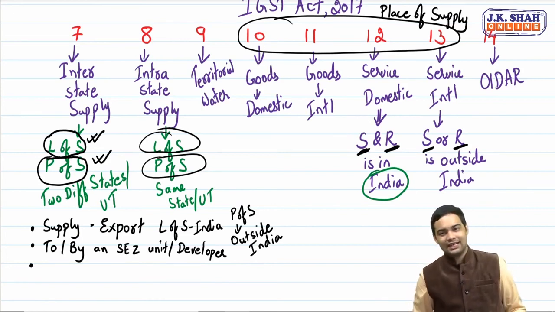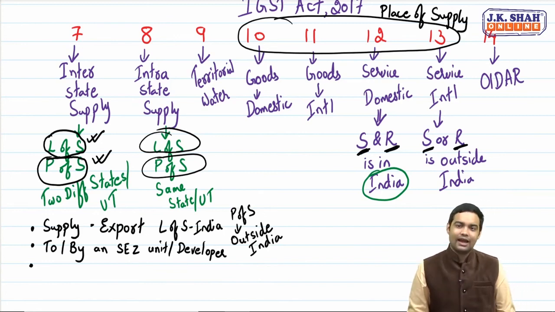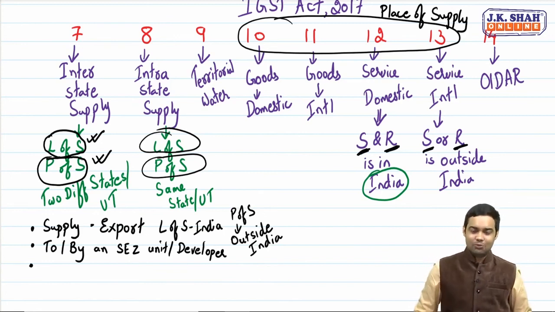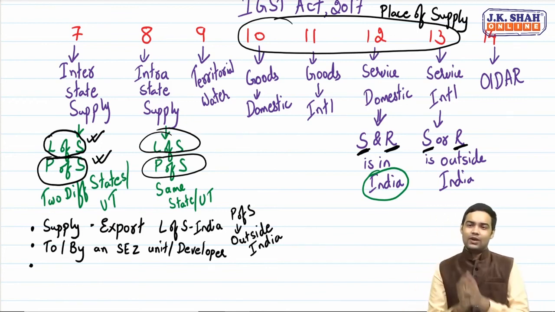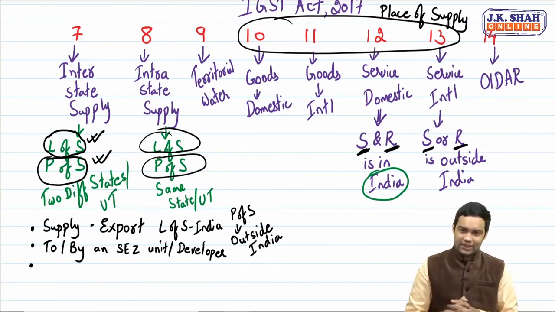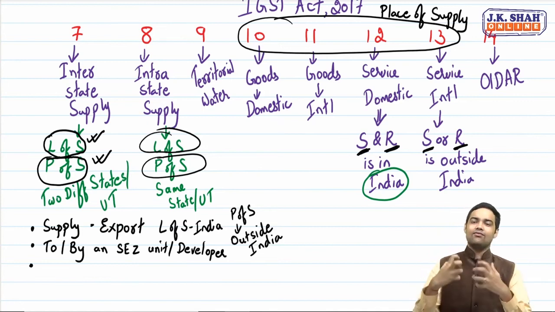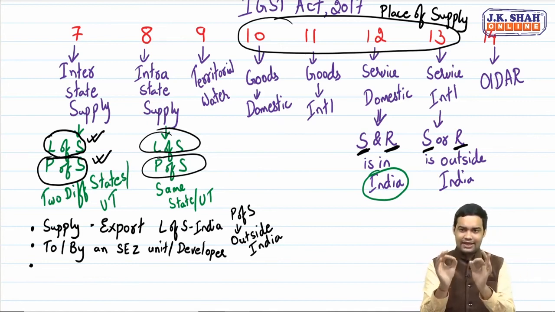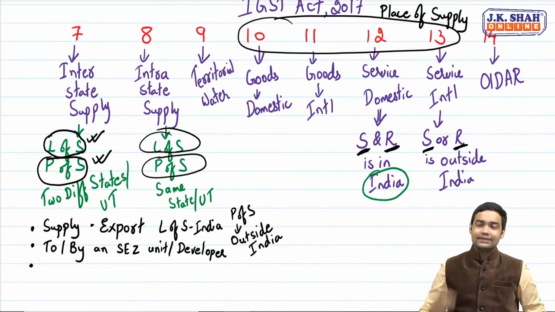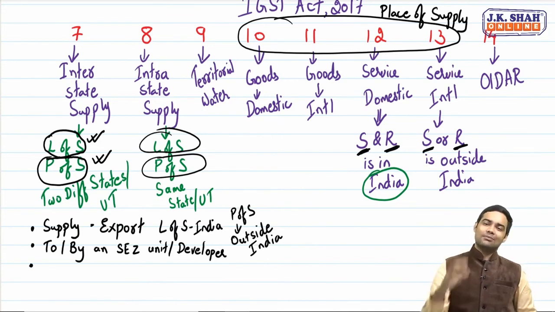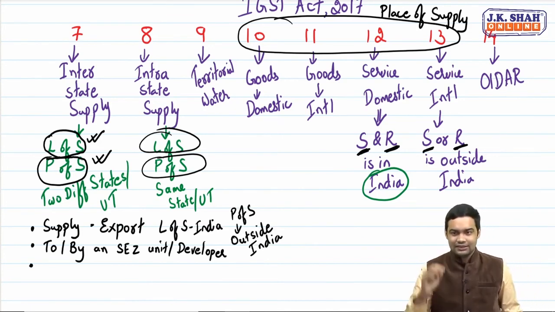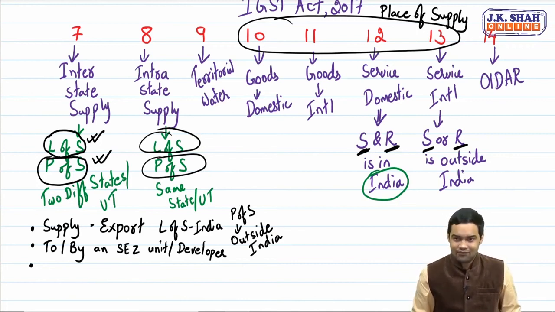The 2005 SEZ Act was framed and the benefit of export was given. What happens is, if there is a backward area and government wants to develop it, they notify that particular area as a SEZ. This encourages companies to set up their premises in that place so that they can get some benefits.